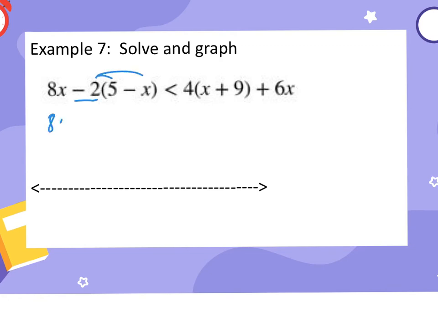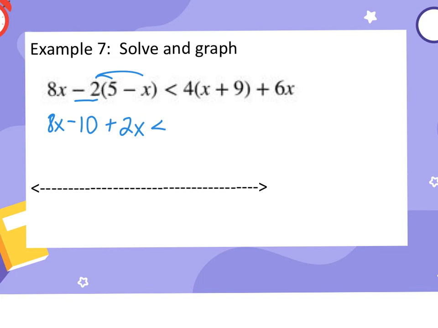So we still have the 8x. We have -2 times 5. Good, and -2 times -x. Ooh, be careful. +2x. Make sure you pay attention to your signs. A negative times a negative is a positive number. Okay.